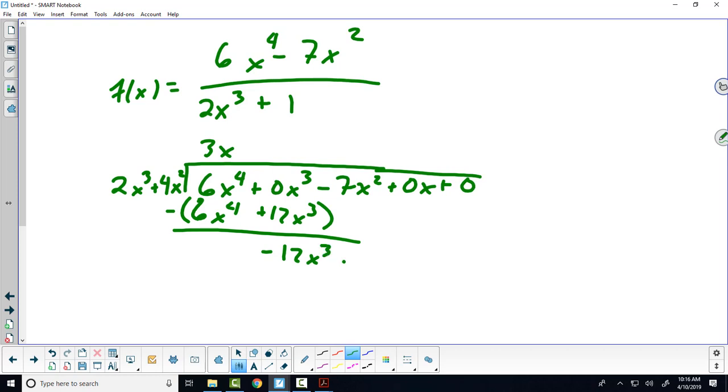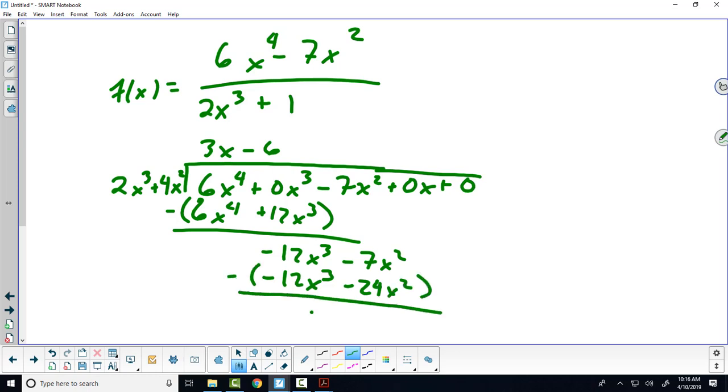I could also bring down this minus 7x squared, etc. So then I say, what do I need to multiply this first term by to make it look like minus 12x cubed? And negative 6 is our answer, so we get minus 12x cubed. That gives me minus 24x squared. I change the sign, add down. I get 0, that's plus 24, so plus 17x squared.